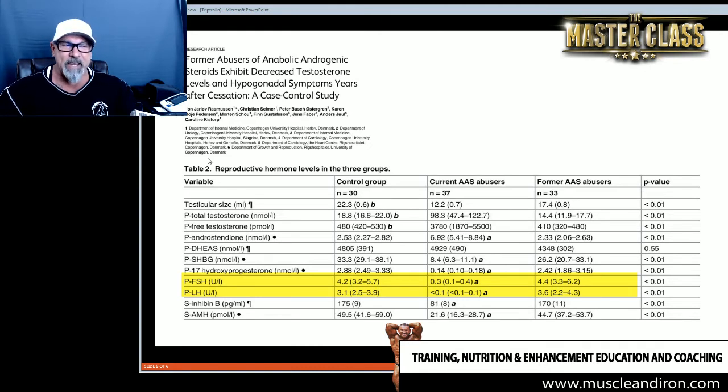And that is actually nothing to do with the pituitary gland or the hypothalamus. All right, it's actually to do with damage to the ultrastructure of the testes. So you can see here in this study, there's a control group and both current AAS abusers and former users that have basically been using this drug for years.